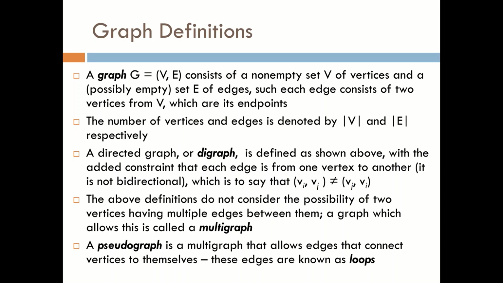The above definitions also don't take into account vertices that have multiple edges between them. Such graphs are called multigraphs, and we will not deal with that in this course. Additionally, pseudographs are multigraphs that allow edges that connect vertices to themselves. This is also known as loops, and we will not deal with those types of graphs in 3110 either.